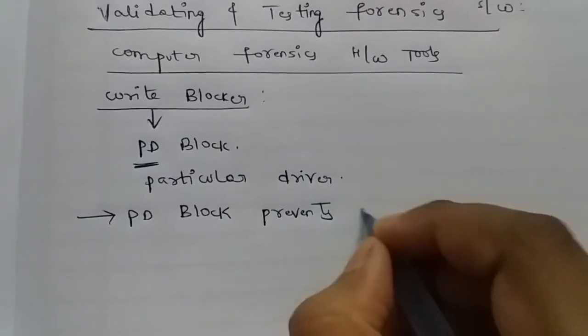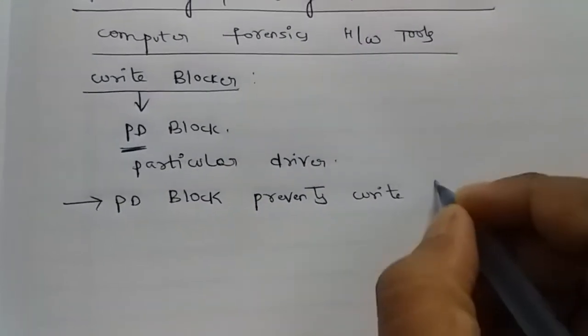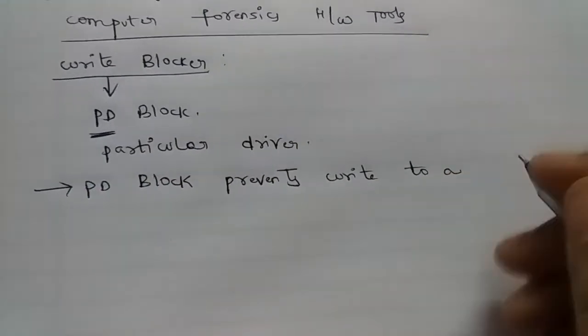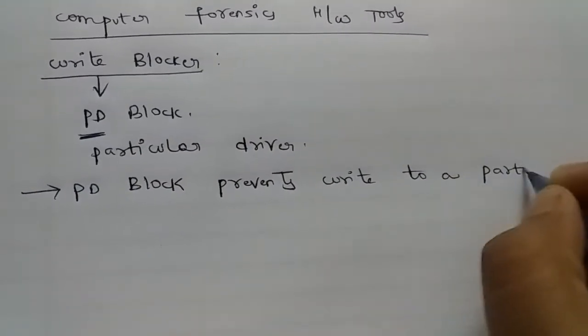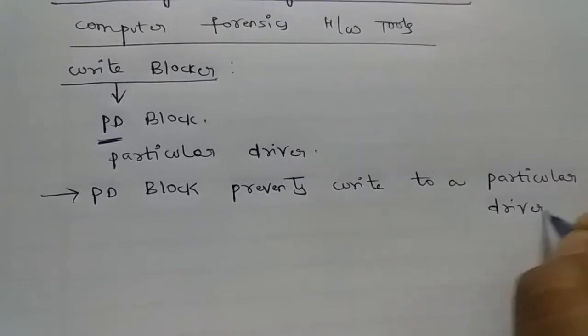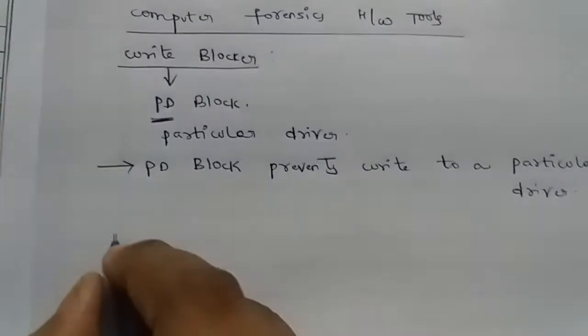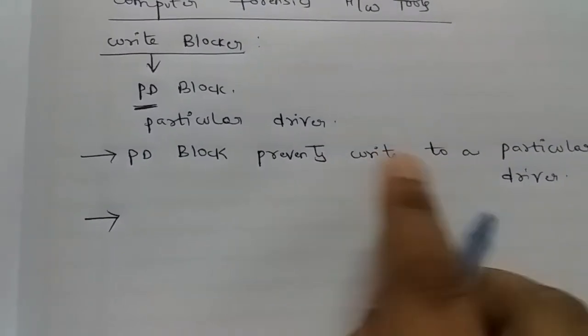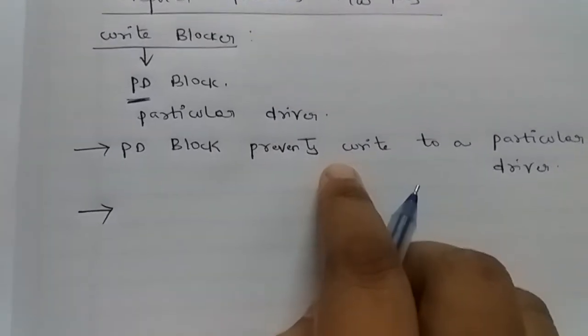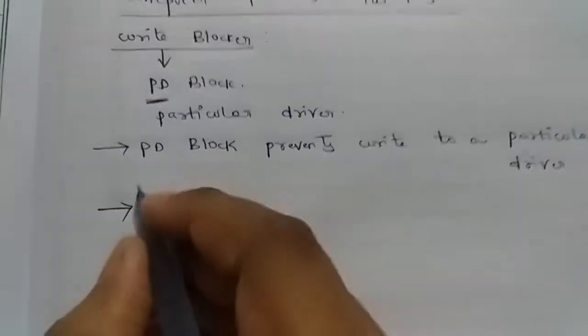prevents write to a particular driver. For example, we are writing any information to a CD or any disk, any compact disk.